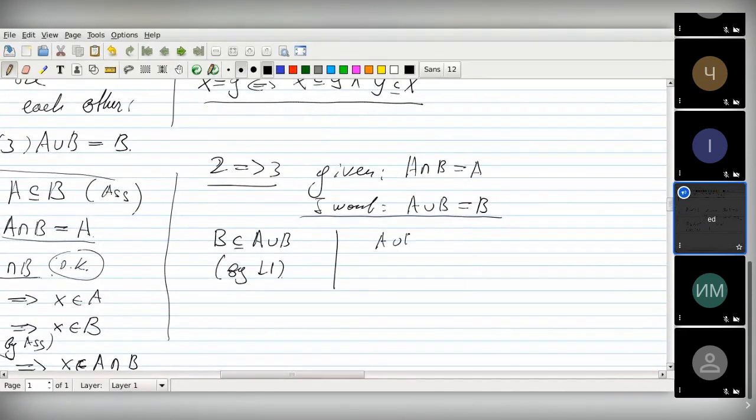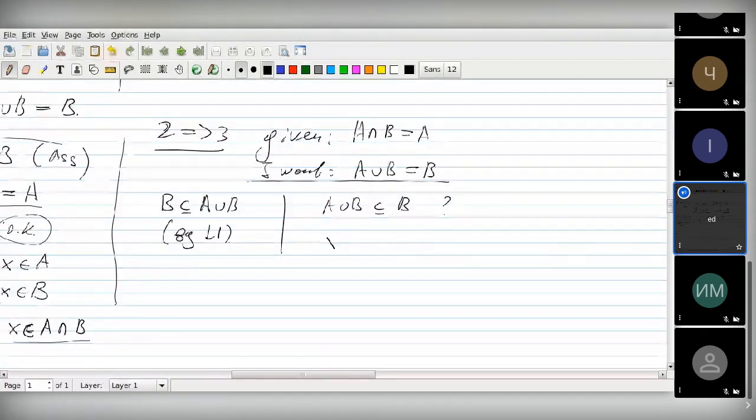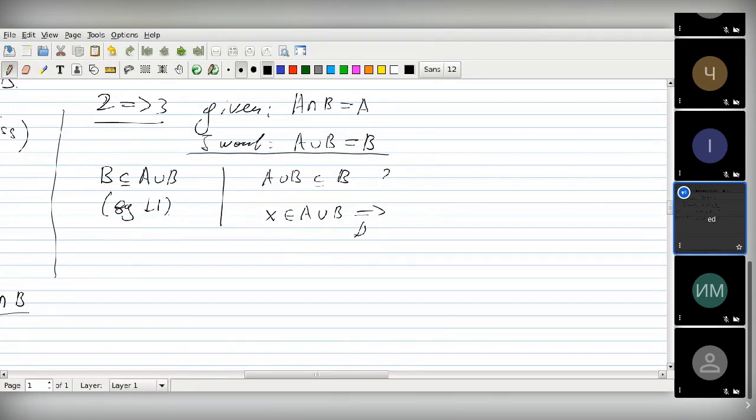But why is A union B a subset of B? Okay, let's consider any X which is an element of the union. If X is an element of the union, then by the definition of the union, X is either an element of A or X is an element of B. Here we have two cases. But we know that if X is an element of A, then by our assumption, X must be an element of the intersection.